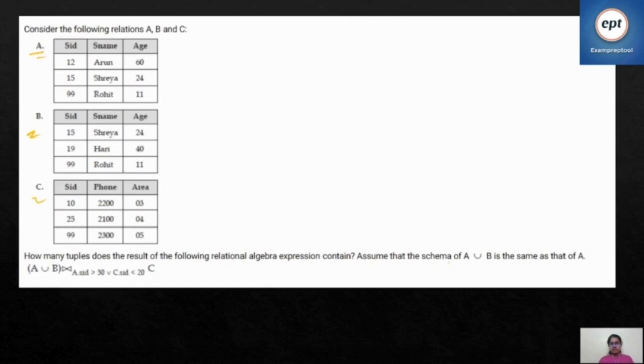Assume that the schema of A union B is the same as that of A. The selection is that age should be greater than 30, or SID should be 20. And after that we have to do the join with C. Okay, so let's break this down one by one.